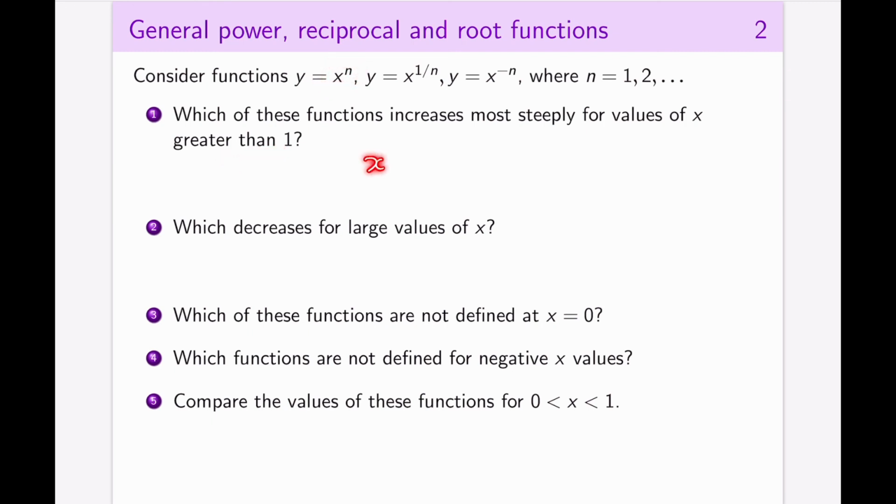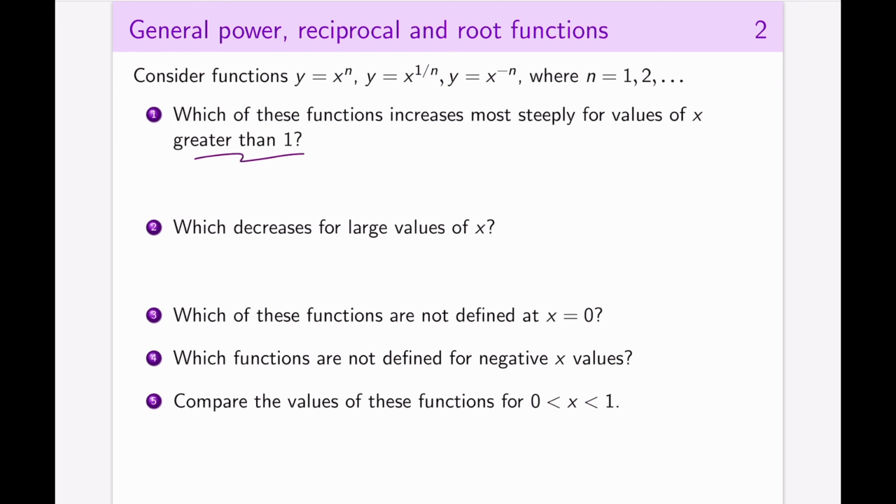So for example, if we're thinking of x to the power n around 1 or greater than 1, we're looking at x squared, x cubed, x to the 4th, and so on, higher and higher powers of x. How do they behave when x grows larger and larger? For greater than 1, the highest power dominates, and therefore that will be the one that increases the fastest.